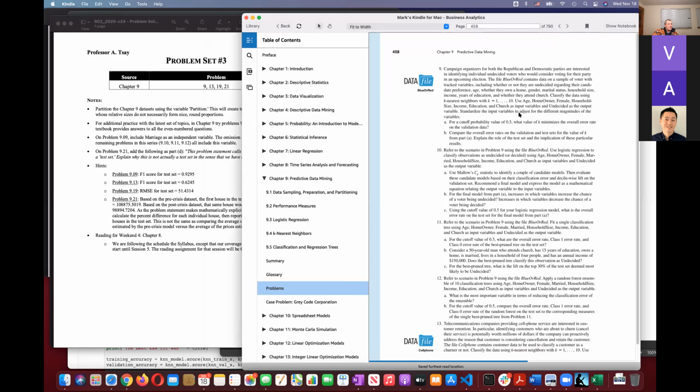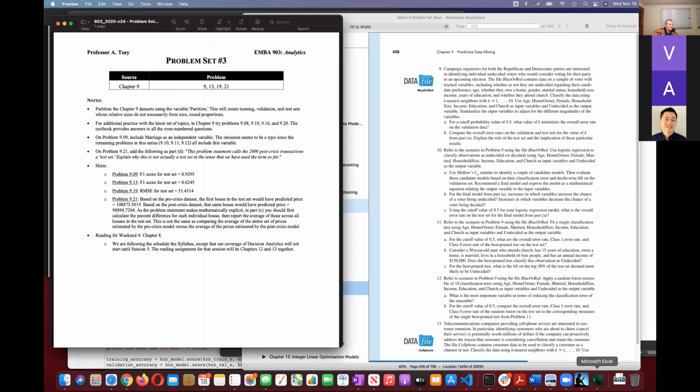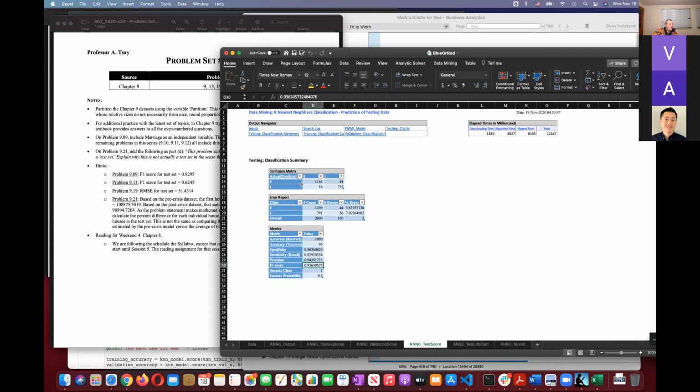Campaign organizers, cutoff, 1 to 10. Well, I don't know what we did different, but I don't think I did this one wrong. So I don't know what to say about that.